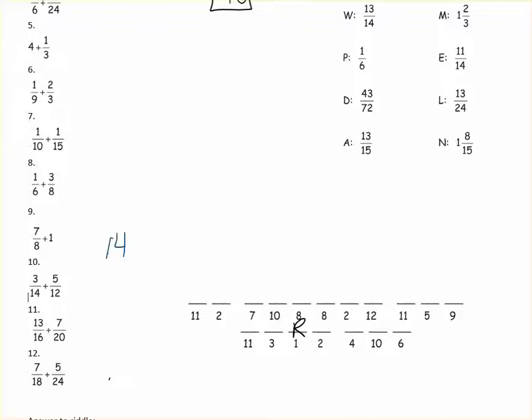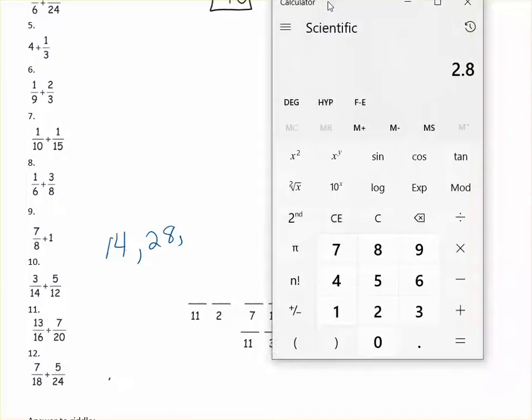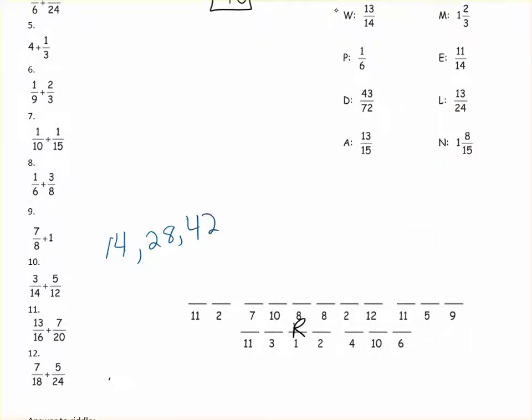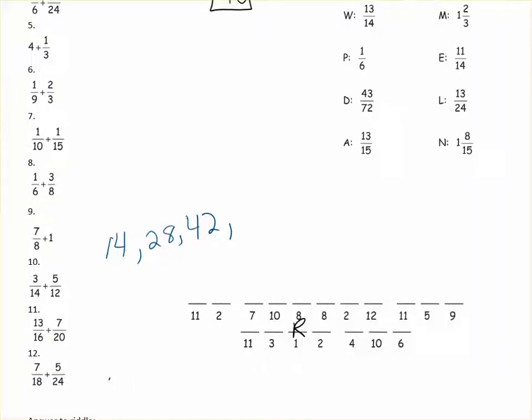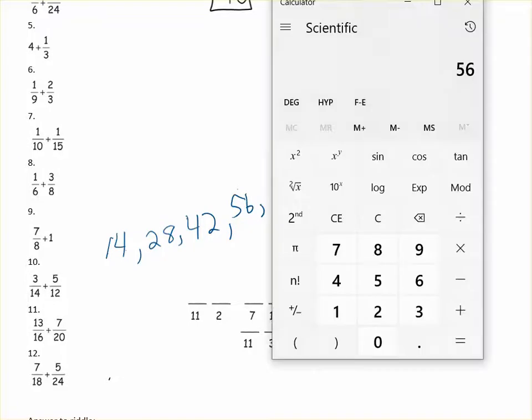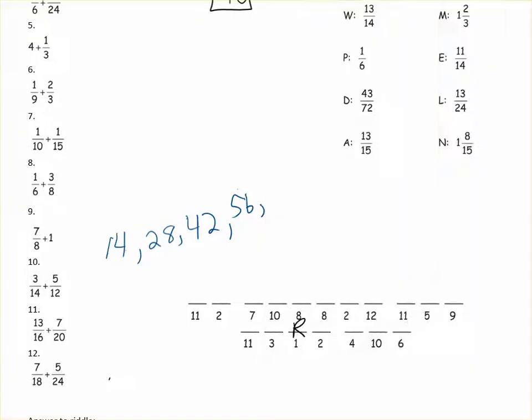I don't know what that would be, so I'm going to write some of the multiples out. 14 times 1 is 14, 14 times 2 is 28, 14 times 3, I'm getting my calculator out here, is 42, 14 times 4 is 56, 14 times 5 is 70. I'll stop after that one, and I'll come back and do more if I don't find one after I do the 12s.